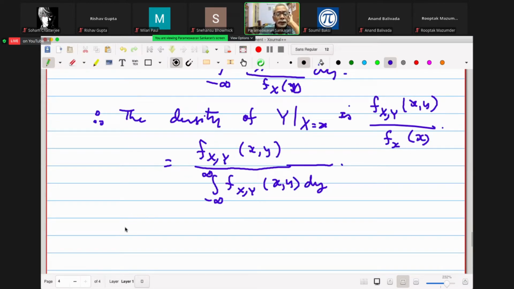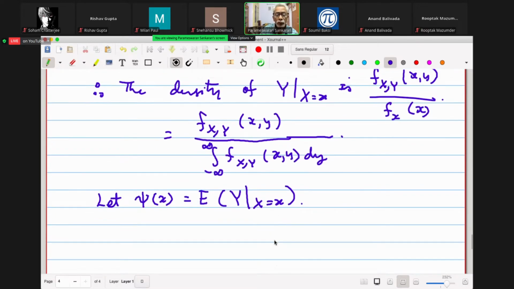As we did before, let psi of x be equal to the expectation of Y given that X equals x. Now this is a continuous random variable with this density, and therefore we know how to evaluate it.